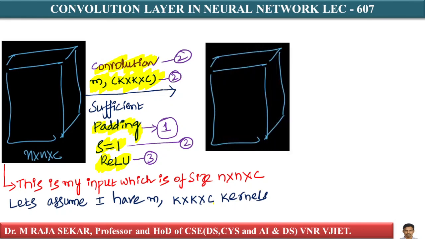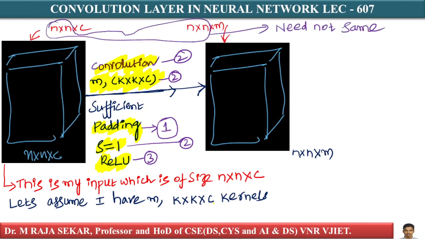I will get n cross n cross m, because I have m kernels here, isn't it? And this n cross n need not always be same. I have n cross n in input as well as in output. These need not be same, isn't it?